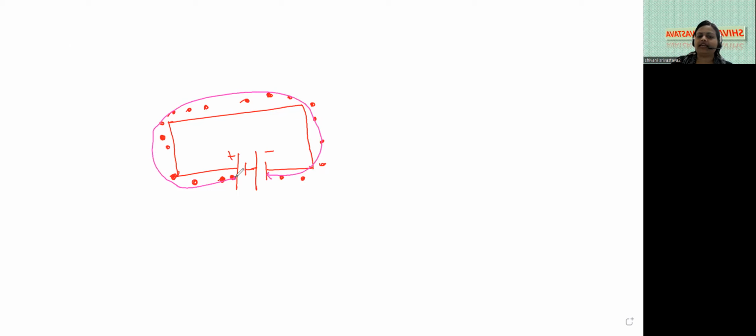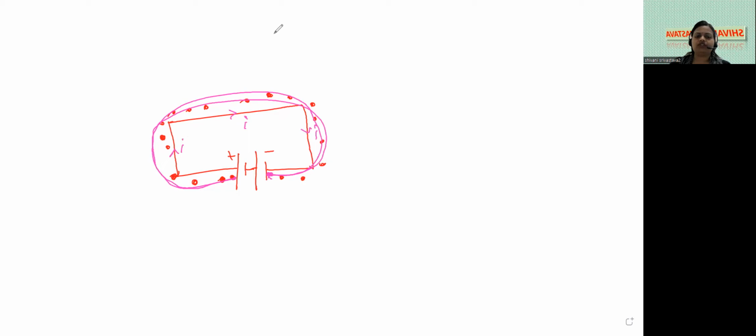That's why this electron starts moving and again it will come to here. So battery is not producing the electron. Battery is giving energy to the electron so that it can complete one cycle. And because of this completing one cycle only, the current is produced, you can say.